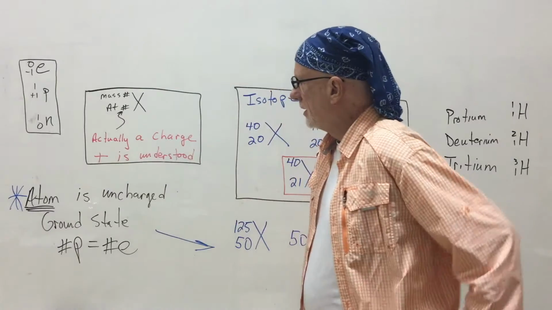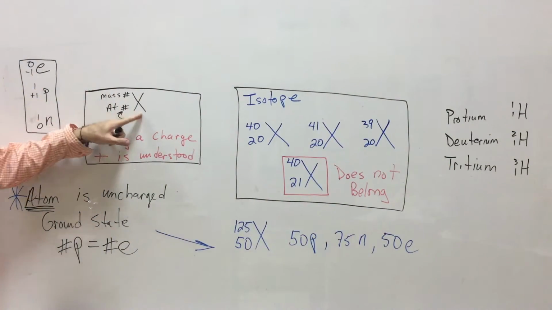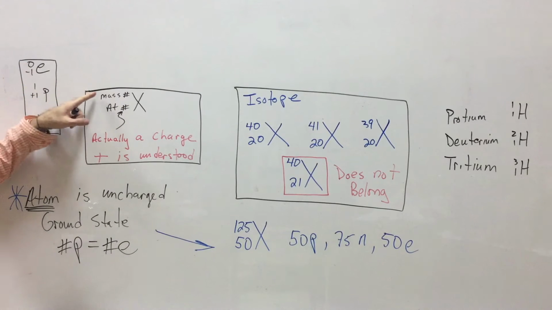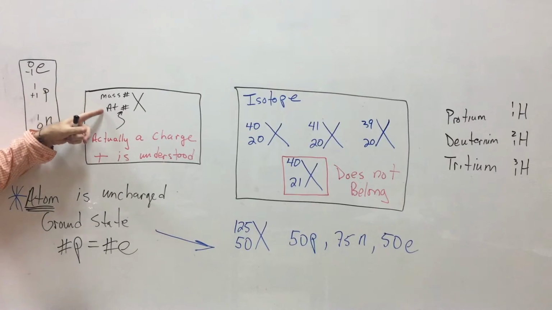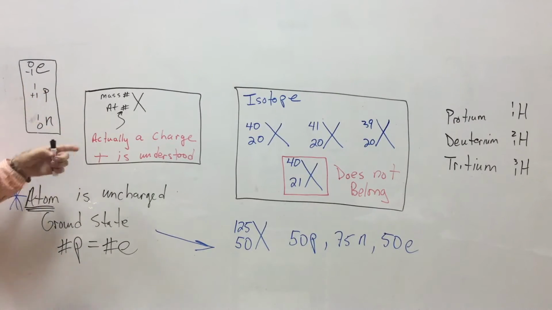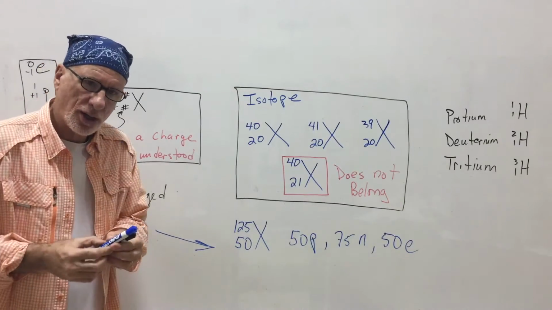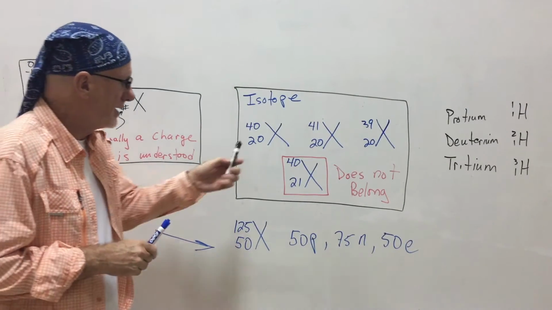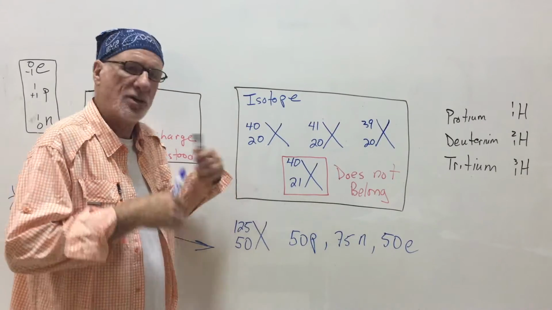Now, this is the symbol. That's what you put. And then in the superscript, you put the mass number, and that's the mass, 0, and then the atomic number. Now, the atomic number is actually a charge, but when we normally write it, we don't write positive 20, we just write 20.